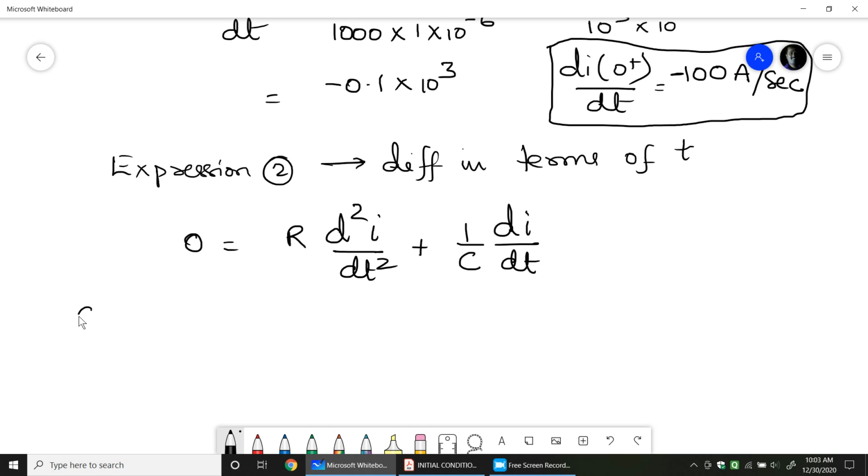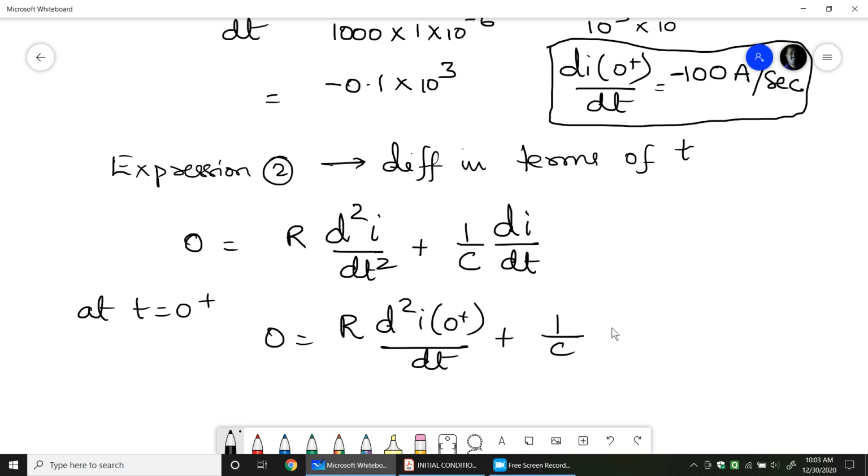Now at t equals 0 plus, 0 equals R into d square I of 0 plus by dt square plus 1 over C into di of 0 plus by dt.